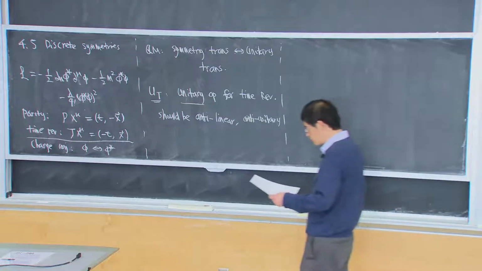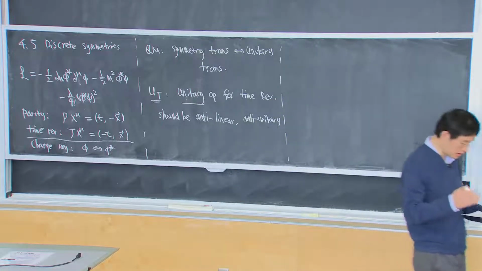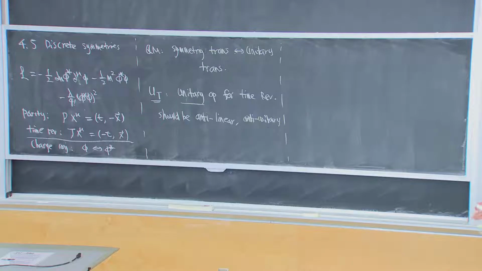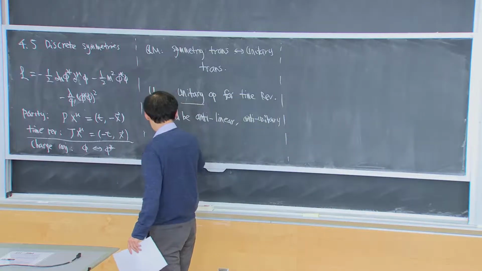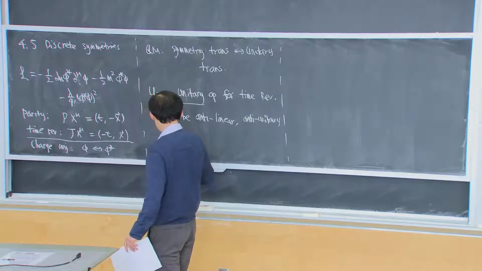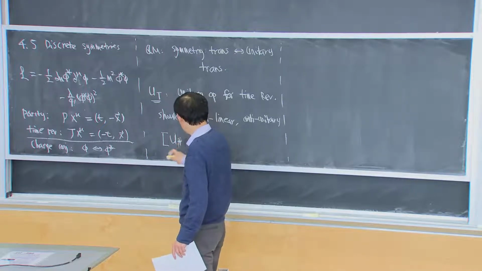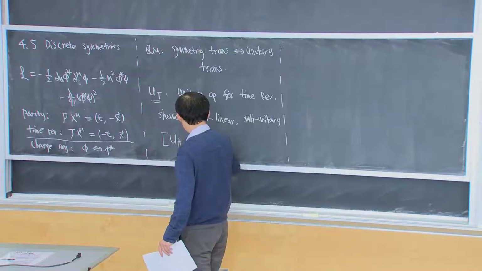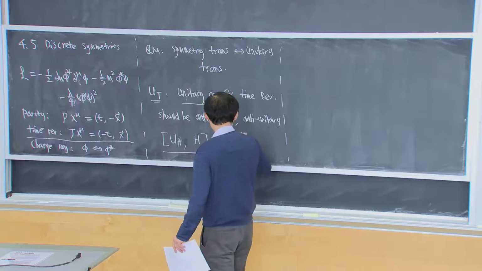Suppose that you have a system which we say is time reversal invariant. By definition, the corresponding transformation of the symmetry should commute with your Hamiltonian. This is what we mean by the system being time reversal invariant.